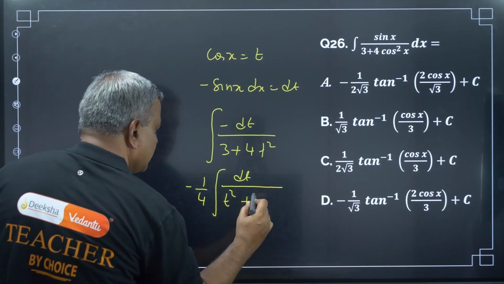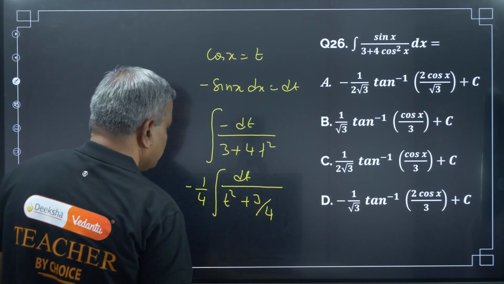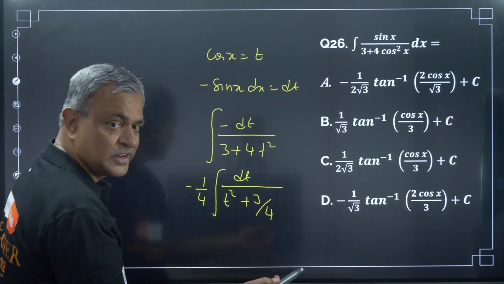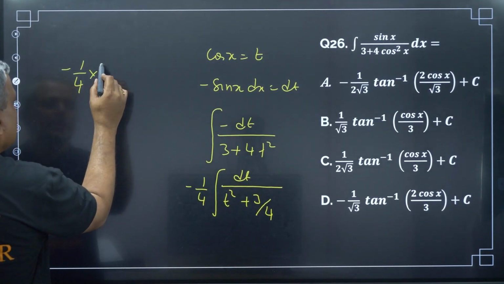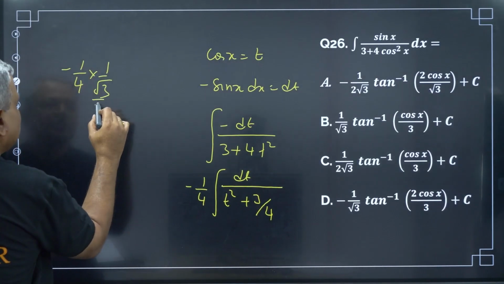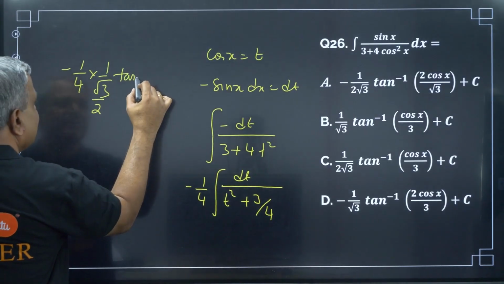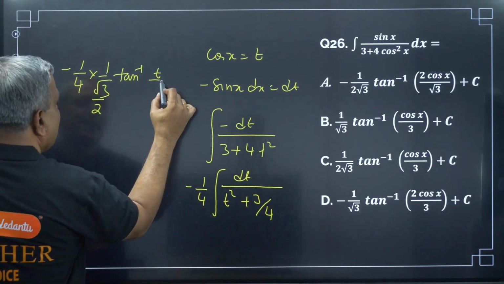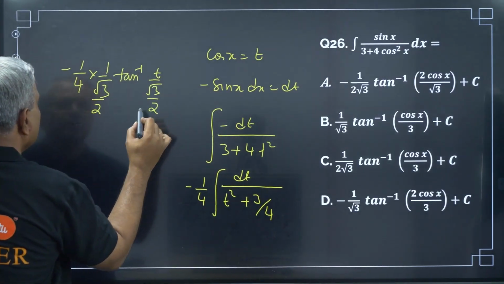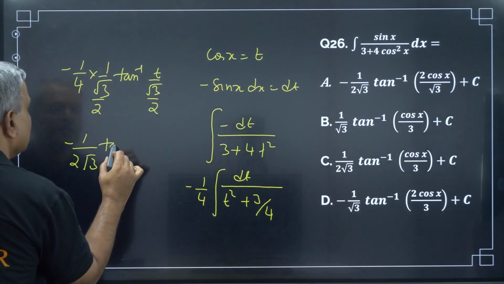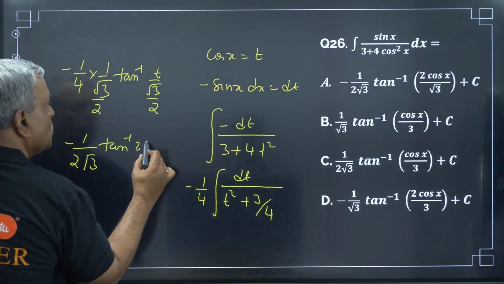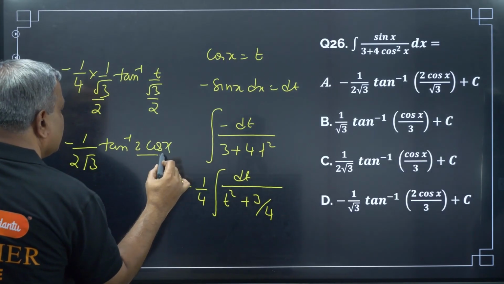So t square plus 3 by 4. So tan inverse, x square plus a square is tan inverse. So we get minus 1 by 4 into 1 by root 3 by 2 tan inverse t by root 3 by 2. So we get minus 1 by 2 root 3 tan inverse 2 cos x by root 3 plus c.